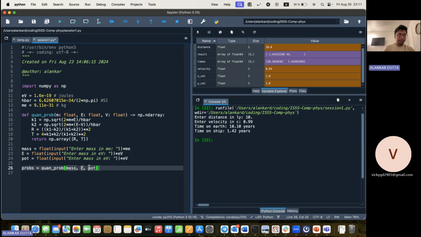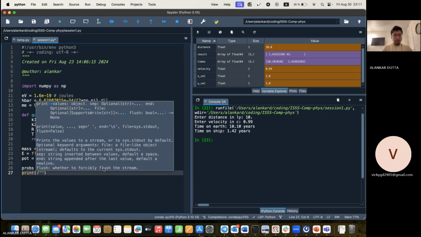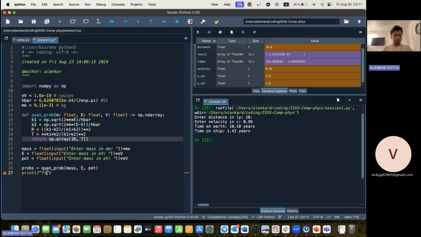Then we do a print f-string: reflection, we do R_probs with .2f, so this gives me the reflection probability, and similarly transmission, 1 minus R_probs with .2f, right?